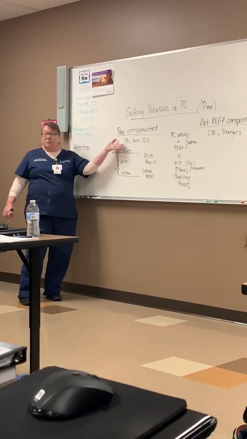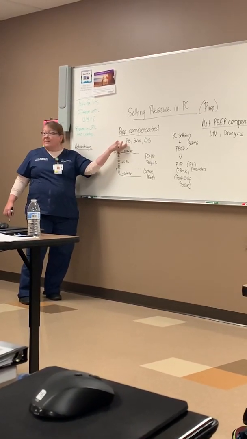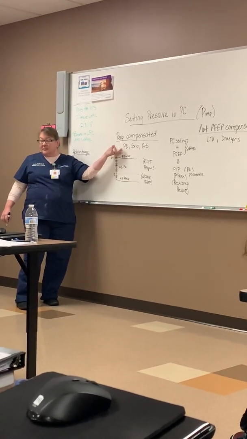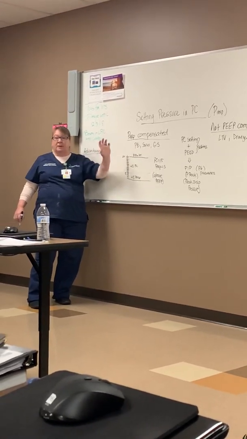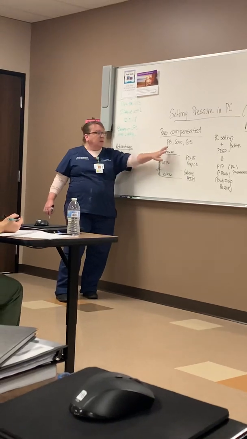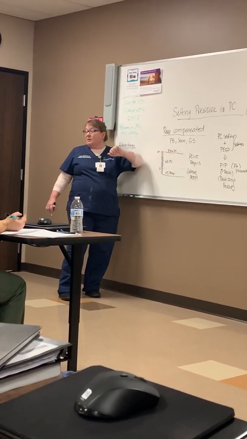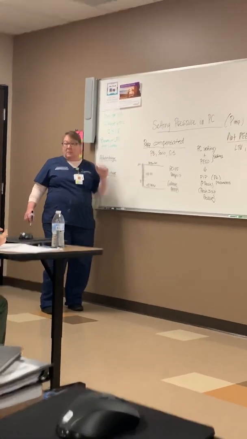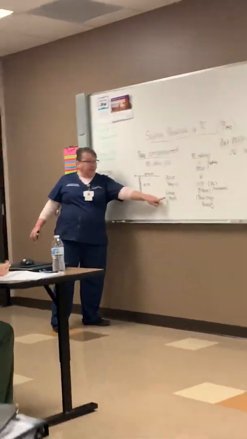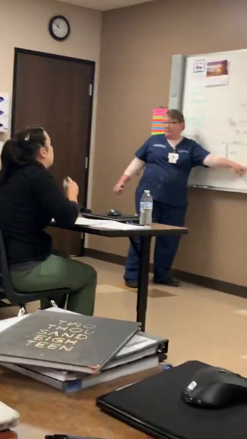So on these 3 ventilators, or any vent that's PEEP compensated, this is the easy one. I'm gonna get to the complicated one. It's not complicated, it's just different. You just set whatever number the doctor ordered, because it's gonna automatically take into consideration the PEEP.